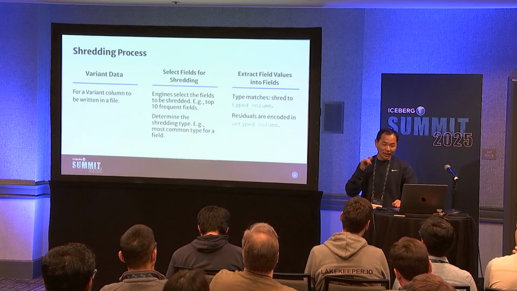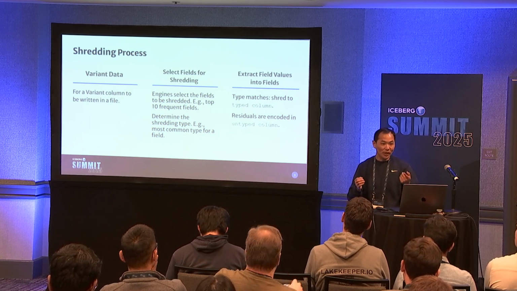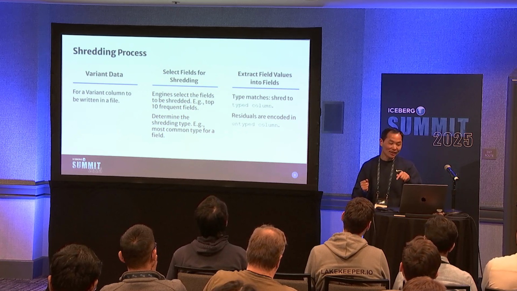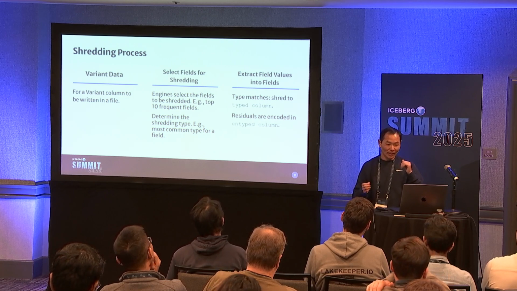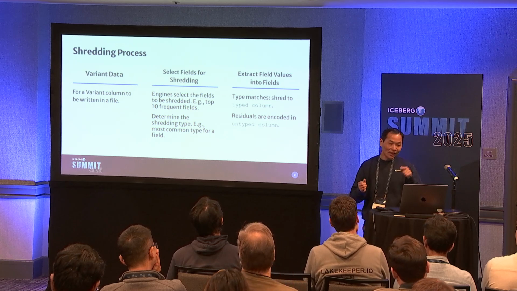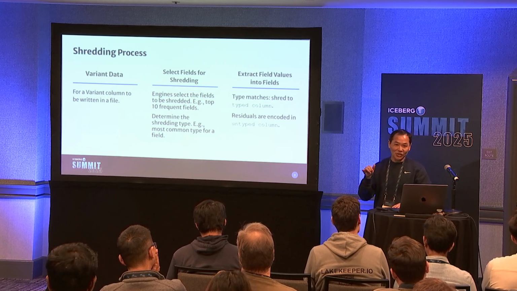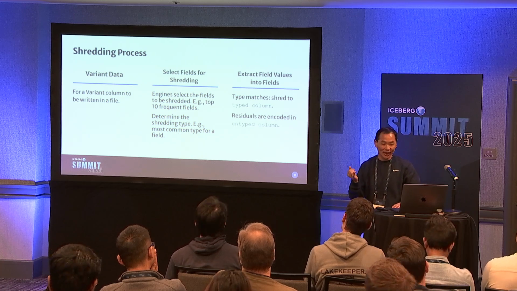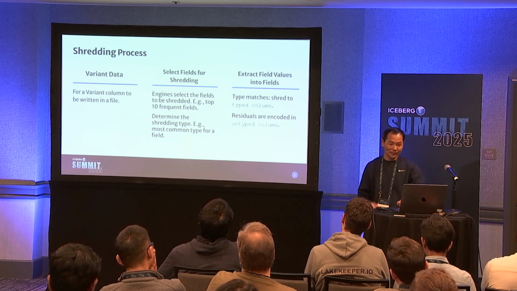If it's an integer type, then we consider it untyped. We encode that into binary and leave it as an untyped column. But if it matches the shredding type, for example a matching string type, then we shred it as a typed column.